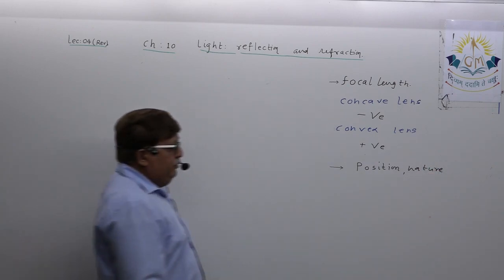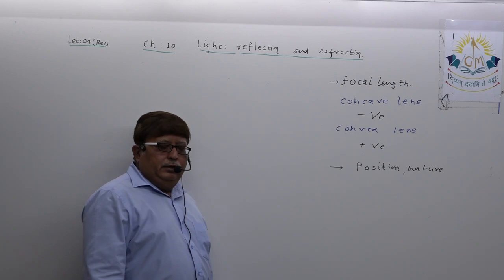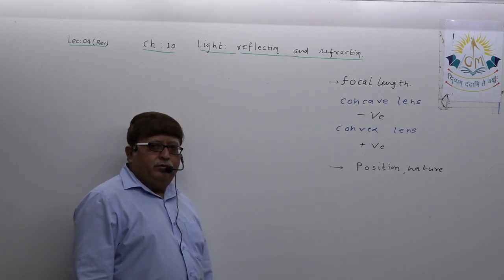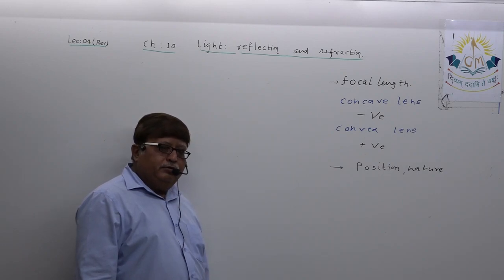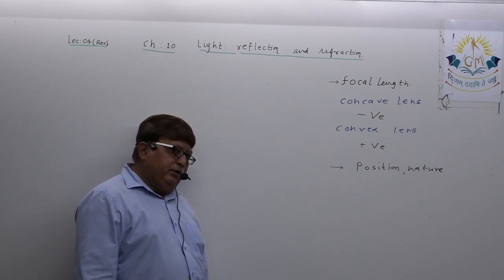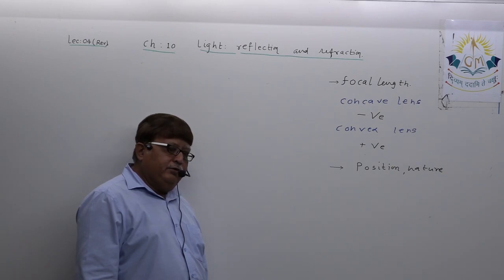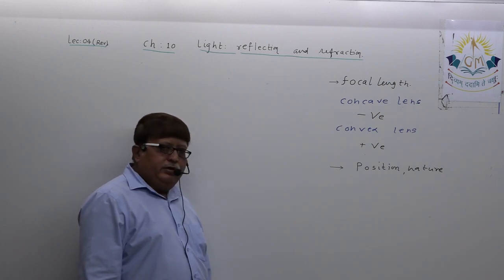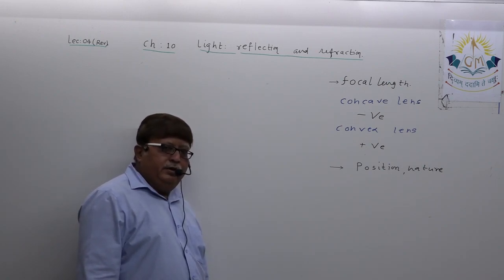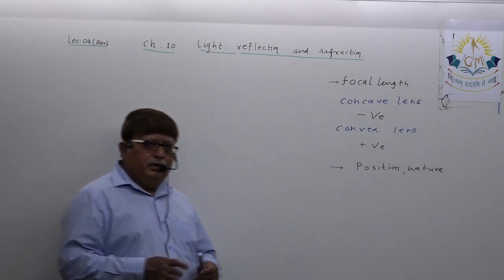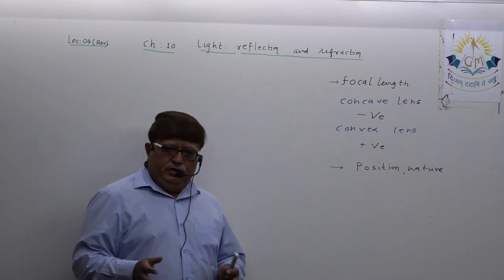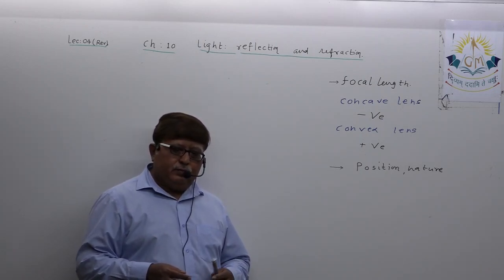Try to understand, dear students, in lens it is totally in contrast to the mirror. Before I mention some important aspects regarding position and nature, you should sum it up yourself, and that is why I sent you the PDF in advance.